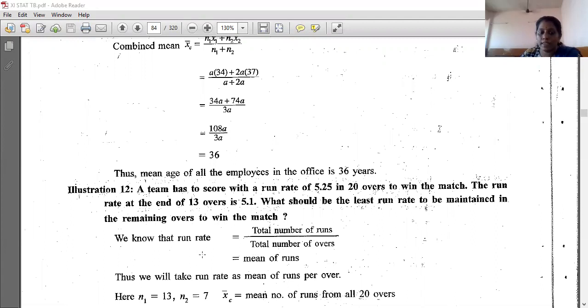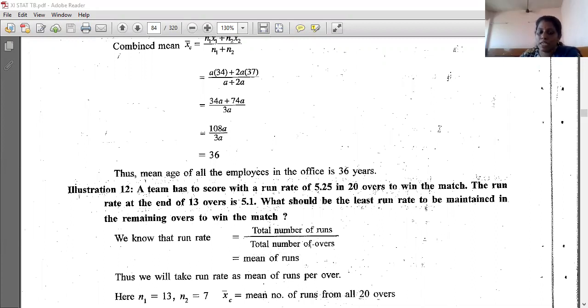So we know that the run rate is the total number of runs divided by the total number of overs. This everyone knows about a match, right? Run rate, how do you find the run rate? Total number of runs divided by the total number of overs. That way you will get a run rate.